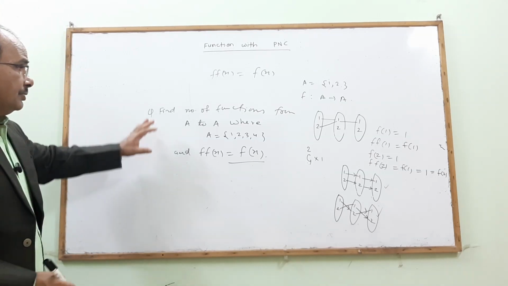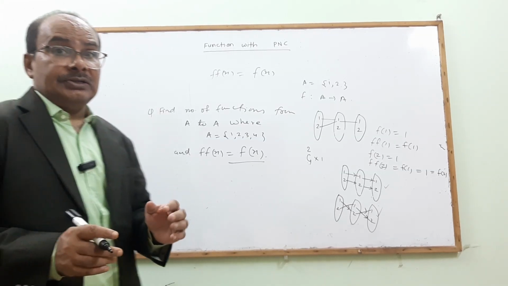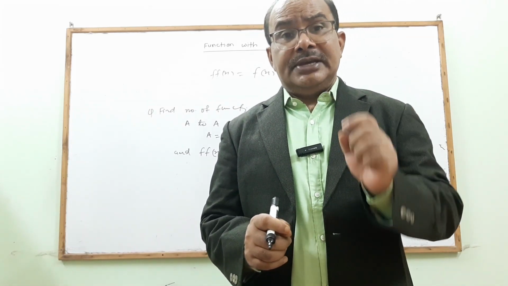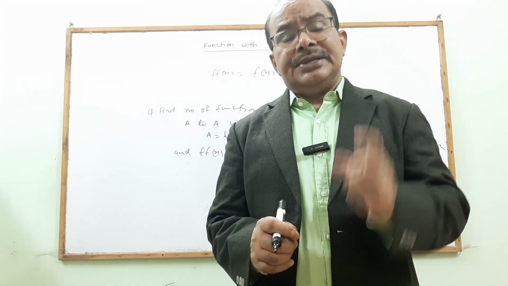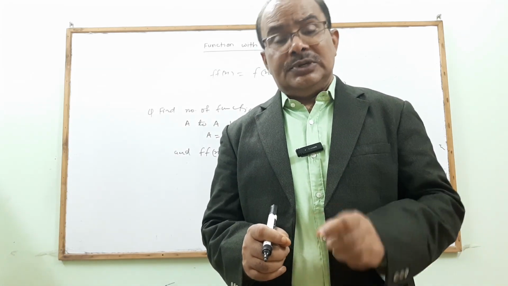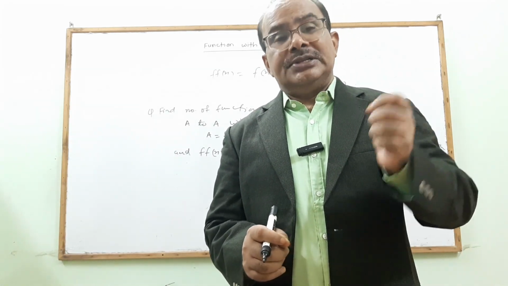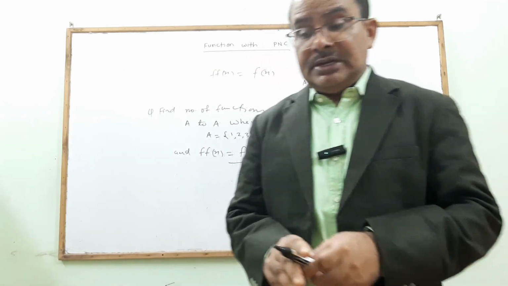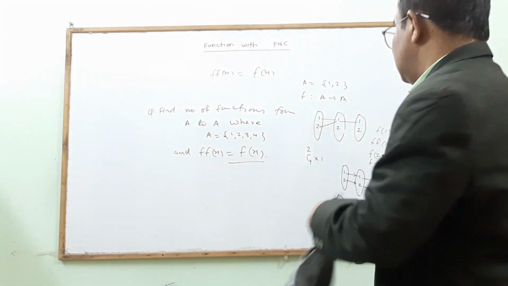For this we will approach it by cases: range has only one element, range has only two elements, range has only three elements, range has only four elements. Like this we can solve the question.